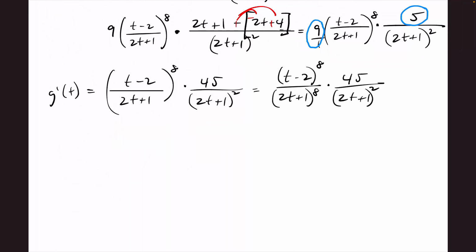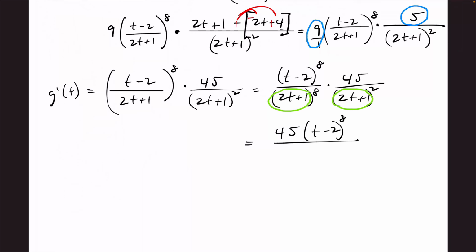Now, how do you multiply fractions? Straight across. So we get 45 times (t minus 2) to the 8th power. I can't distribute the 45 because it's not raised to the power of 8, so I'll just leave the 45 in front. The bottom, though, you notice that these two guys both have the same base, right?